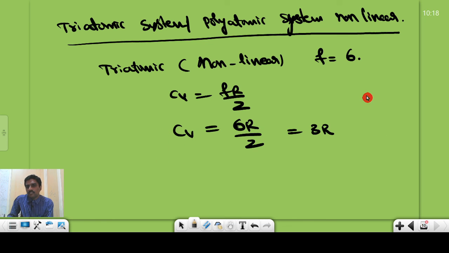These are the values. We need to recall all of this in one simple table.